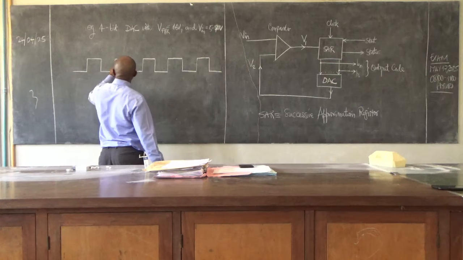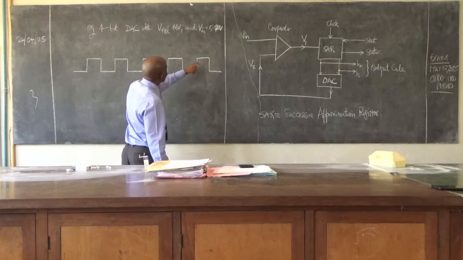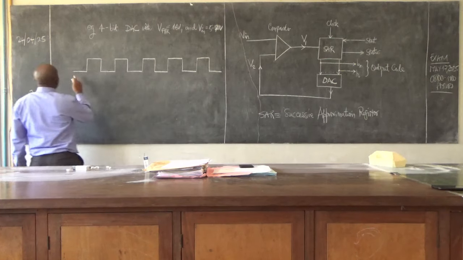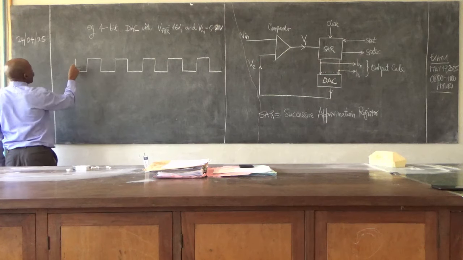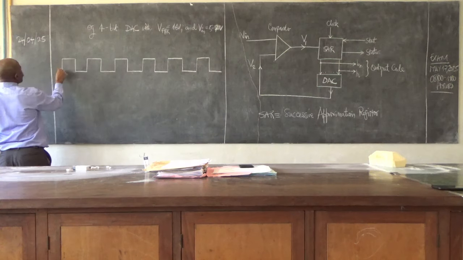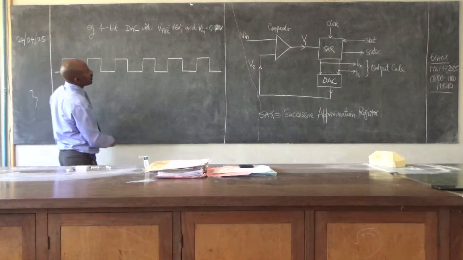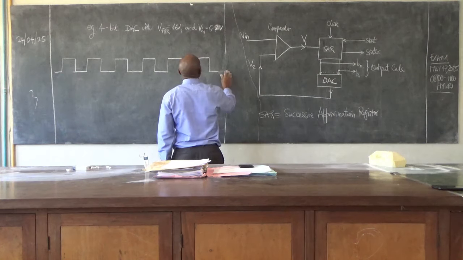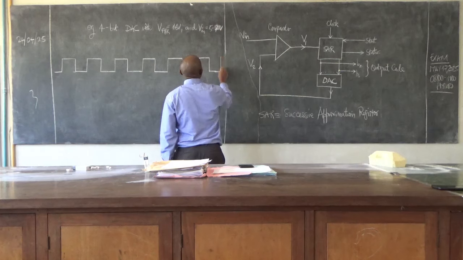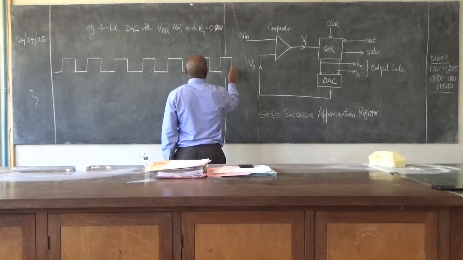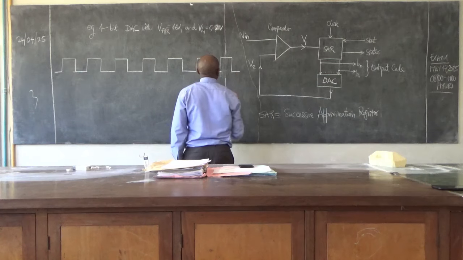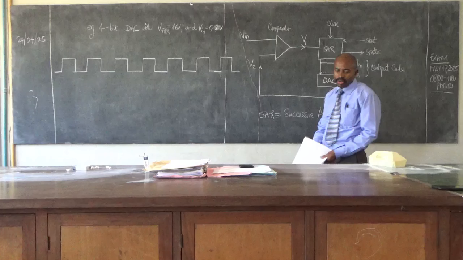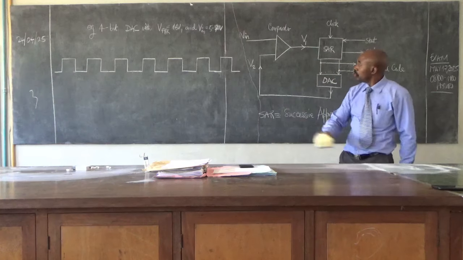So 1, 2, 3, 4, 5. I can add one here and one this way. So this is our clock beat, our clock pulse here on the successive approximation register.